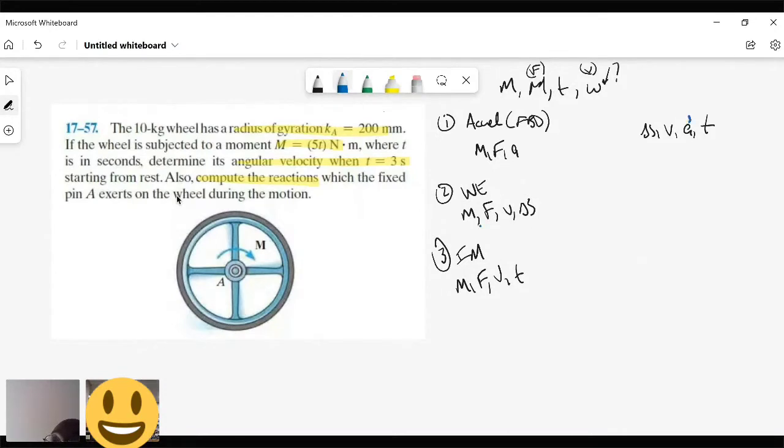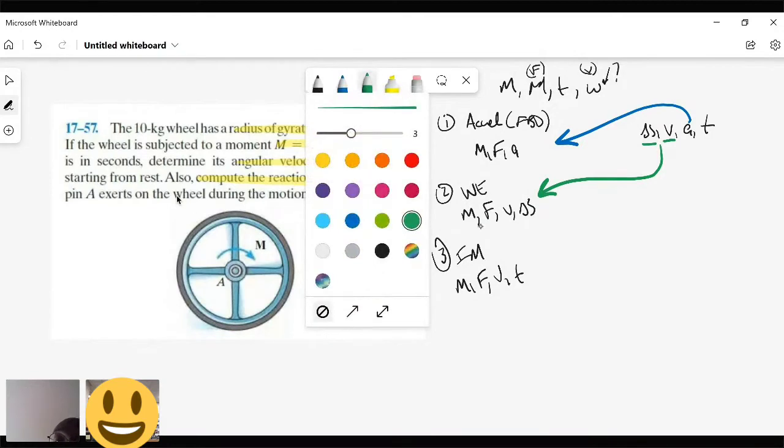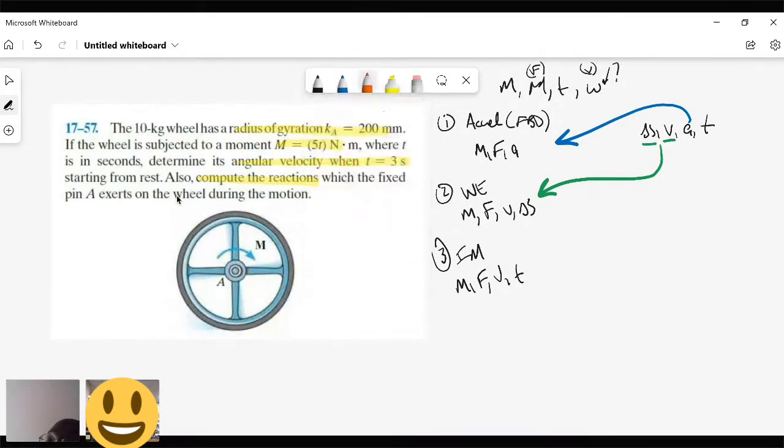Acceleration goes to your free body diagrams. Velocity and change in position go to work energy, and velocity and time go to impulse momentum. So all four kinematics variables end up being used in their own way when looking at how forces affect them.